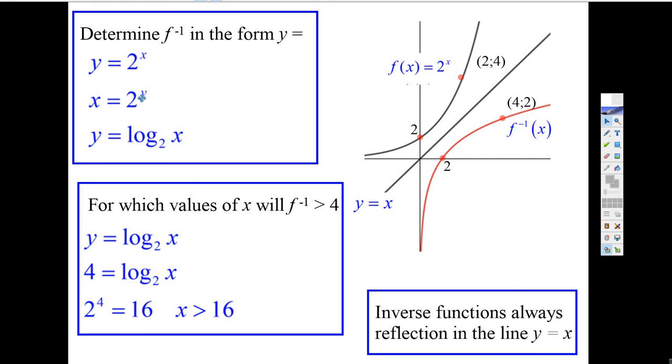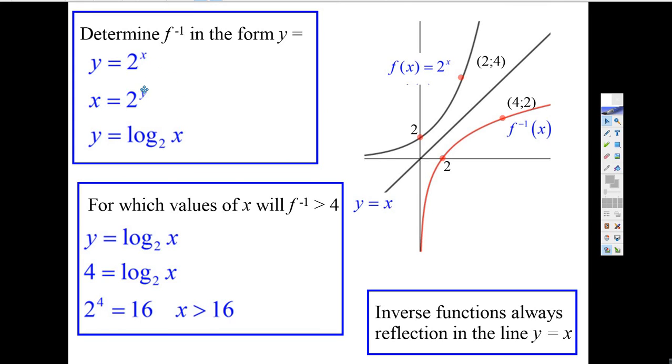Well, the base of this exponential number is 2. So it's a log to base 2. And what is a log? It's an exponent. So that's why the y goes there. The log to base 2 of this number is equal to y. So the exponent is the log. And that's your answer. y equals the log to base 2 of x.